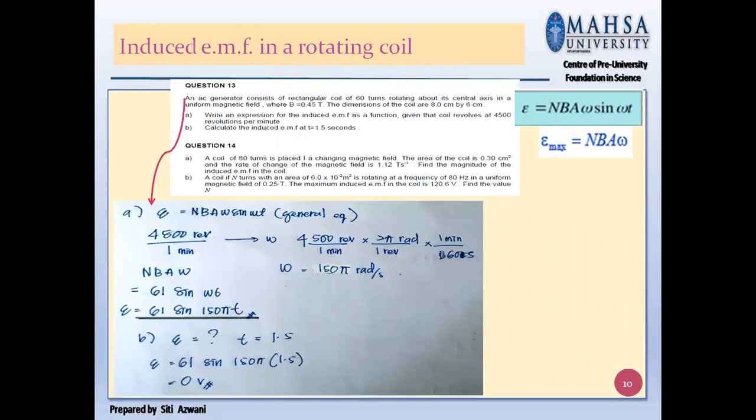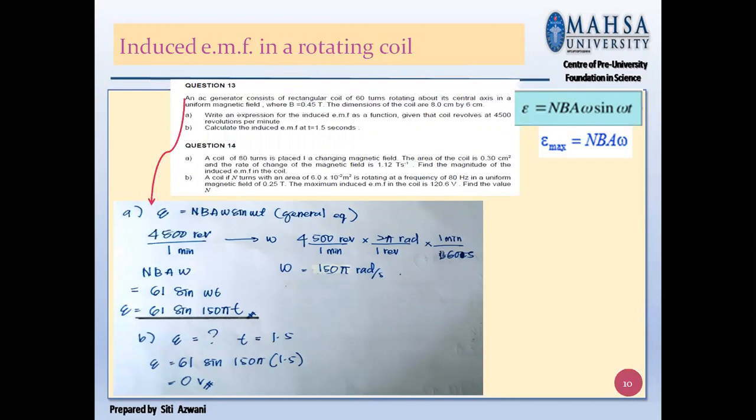Next question, you have induced EMF in the rotating coil. Before that, let's do the equation here. To calculate the induced EMF in a rotating coil, it means you have a coil rotating in the magnetic field B, cutting the magnetic field lines, so it will produce the induced EMF.